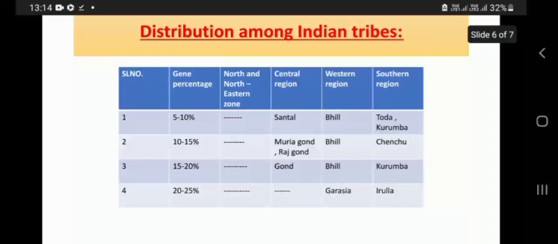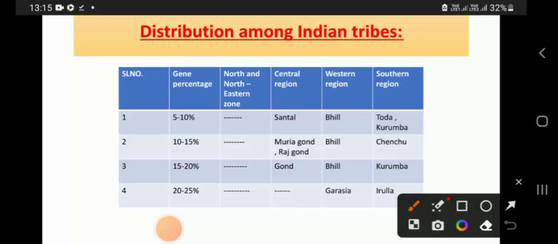Here is another chart, gene frequency percentage and some regions.